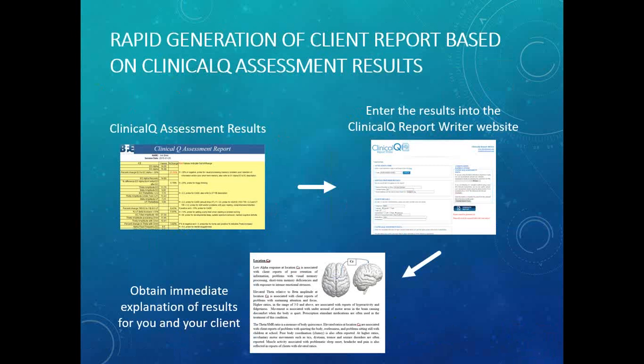You record that assessment and get these numbered results, then go to the ClinicalQ Reporter website and enter certain statistics that we ask for, and you immediately obtain an explanation of those results for you and your clients. The explanation is sent to your email as a PDF. Once you enter the numbers and click Generate Report, it gets sent to your email, and you can print it immediately or just show it on screen if you prefer.